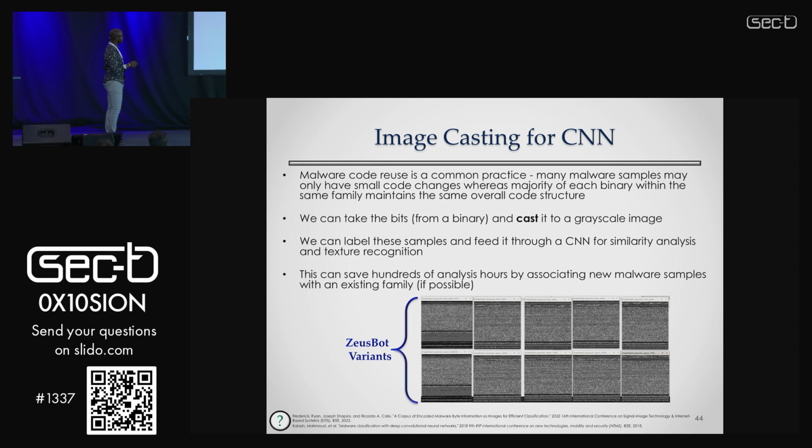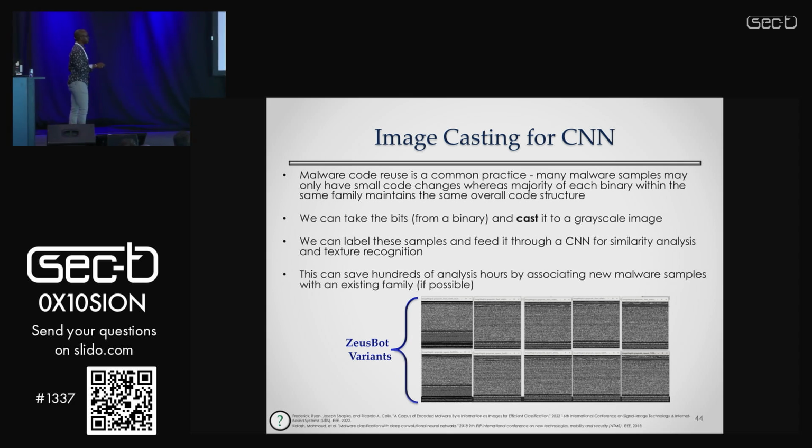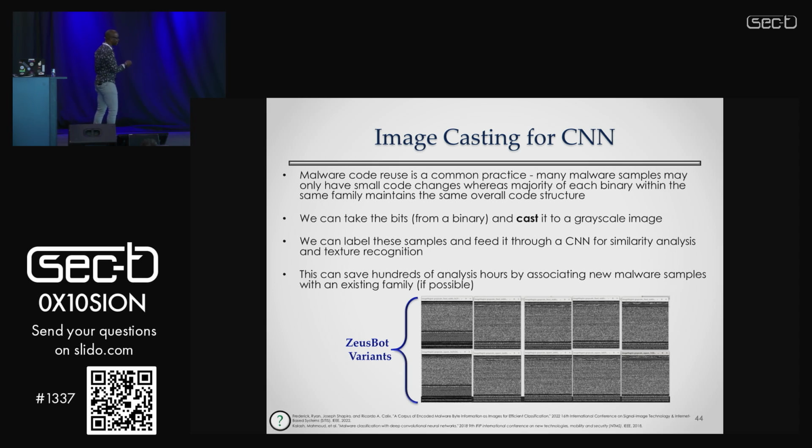When we cast these into an image, it's just zeros and ones, grayscale, because we want to have as few channels as possible. This is what some of those samples actually look like. I still find this interesting even as I'm talking about it, and I did it. If you look at these, even with our own eyes, you can see similarities.